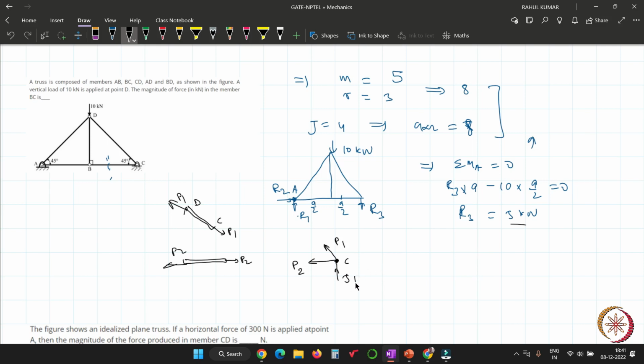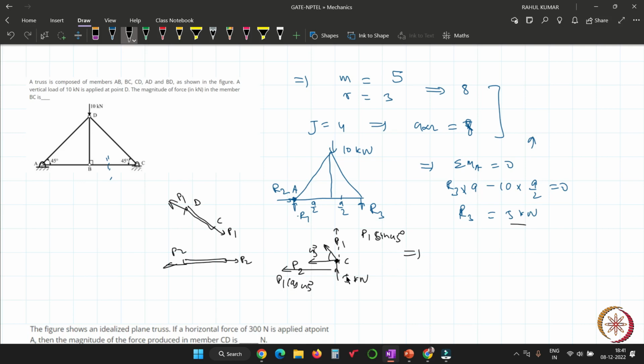So 5 kilonewton, and the angle is 45 degrees. Now resolve P1 and P2. You don't have to resolve P2. Still, if you want to resolve, P1 sine 45 degrees, and here P1 cos 45 degrees.